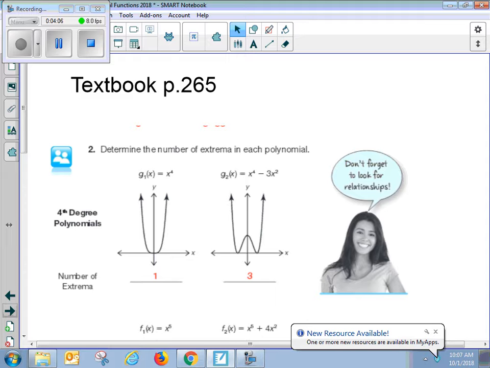Can you count on this next one? 1, 2, 3 turning points. So there's 3 extrema. If I said it is a 4th degree polynomial, and I want to know the possible number of extrema, then you would list them out. There could be 3 or there could be 1. Okay? Next one.